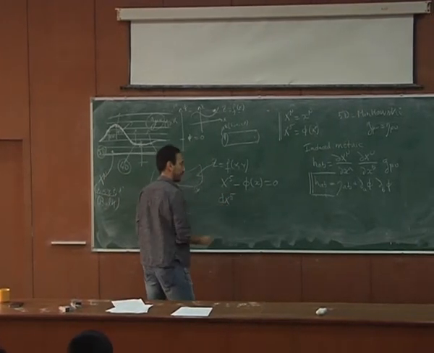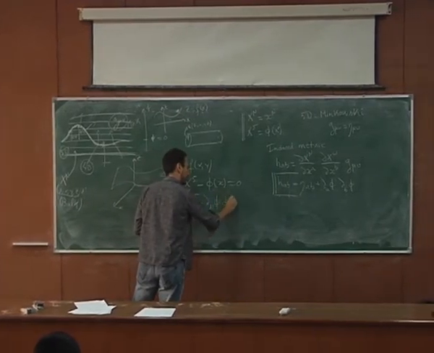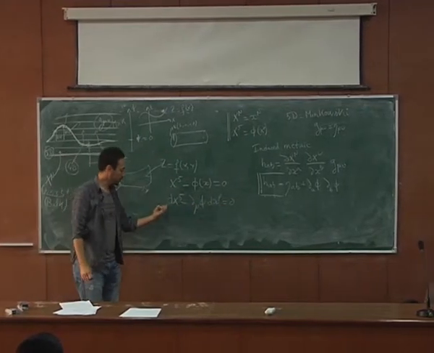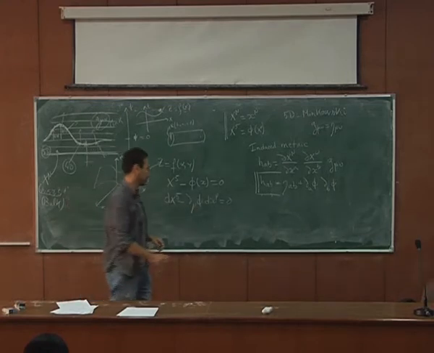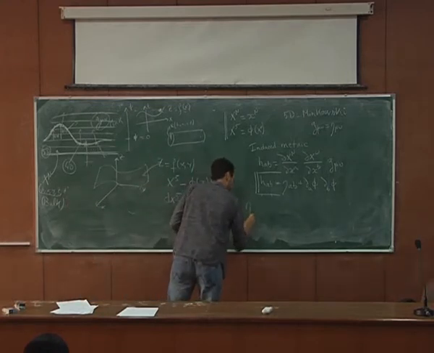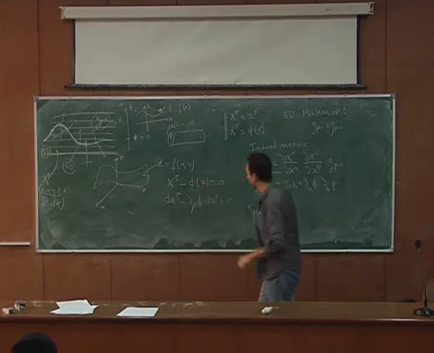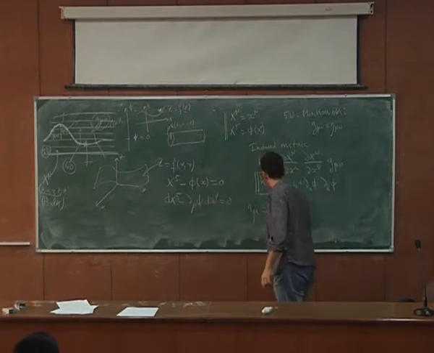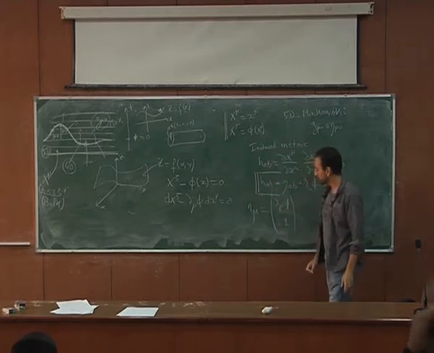You get dx^5 minus d_mu phi dx^mu equal to 0. The coefficients which appear in front define the normal vector. So the normal vector will have coefficients d_mu phi and minus 1. That will be your normal vector.